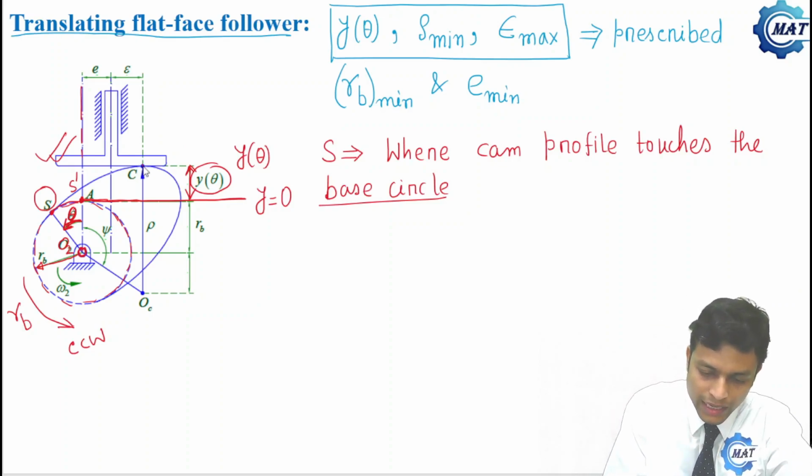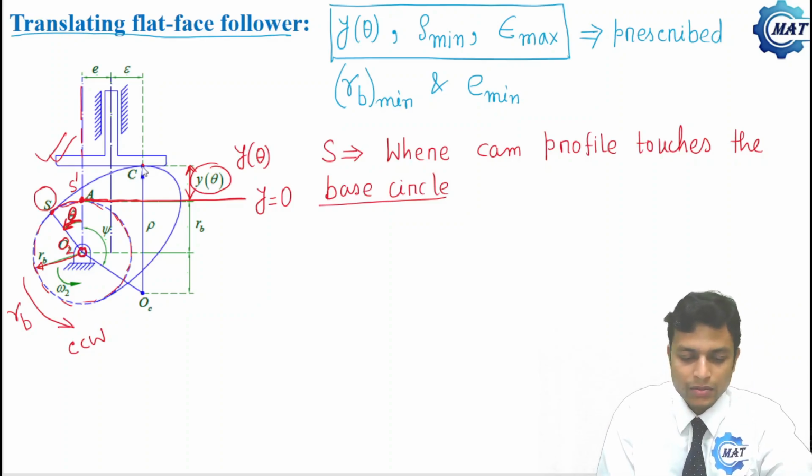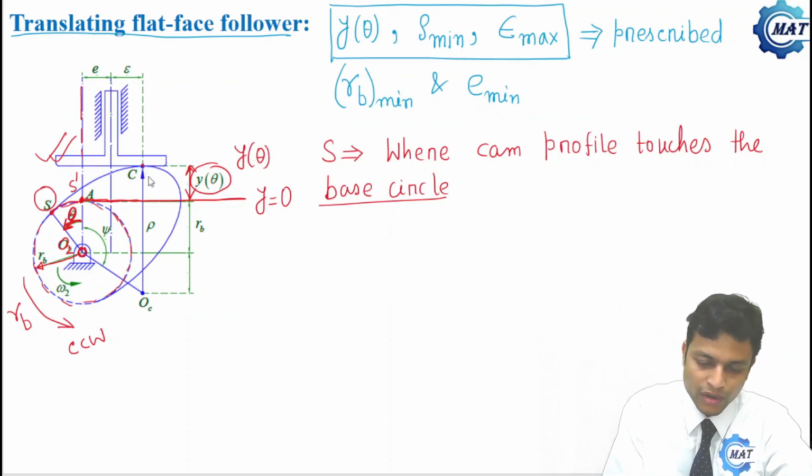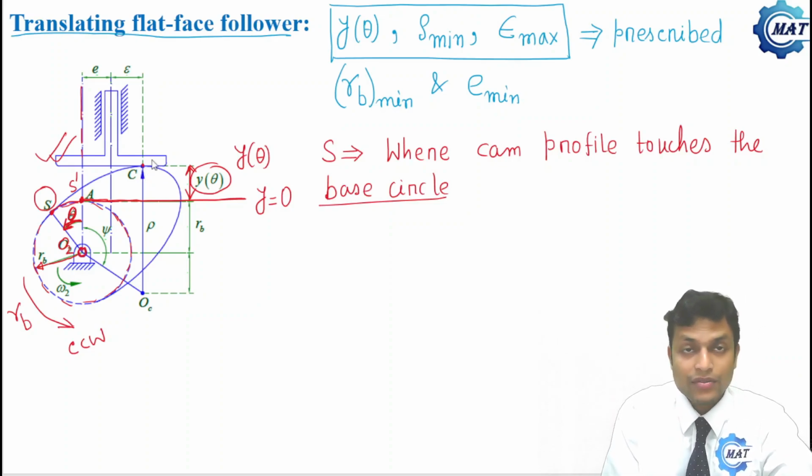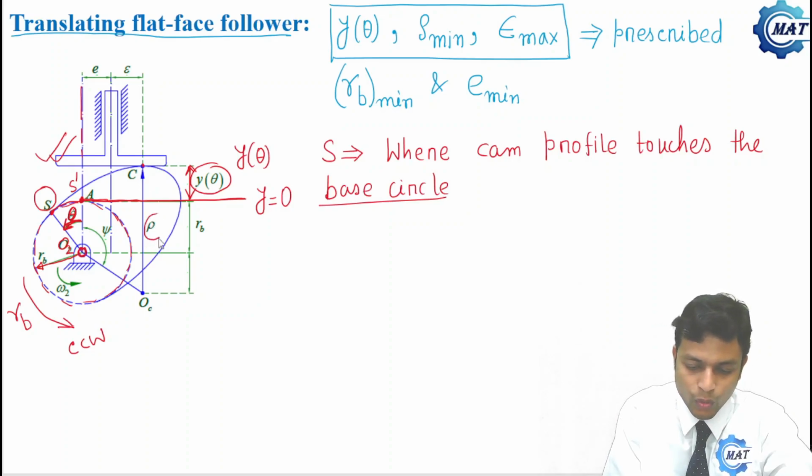Now C is the point of contact between the cam profile and the follower, and at the point of contact the radius of curvature of the cam profile is rho.